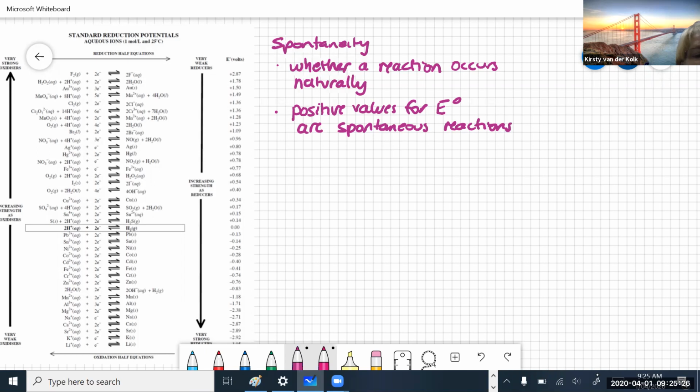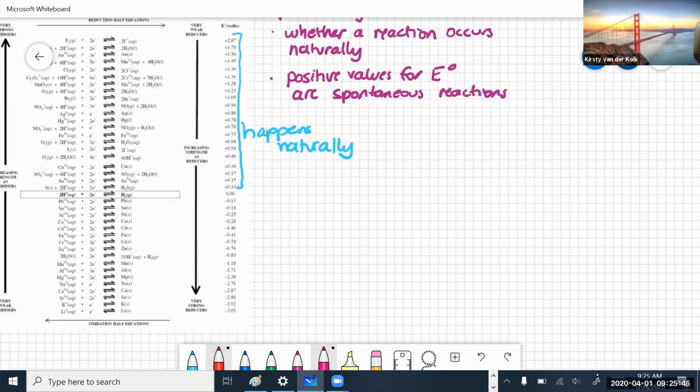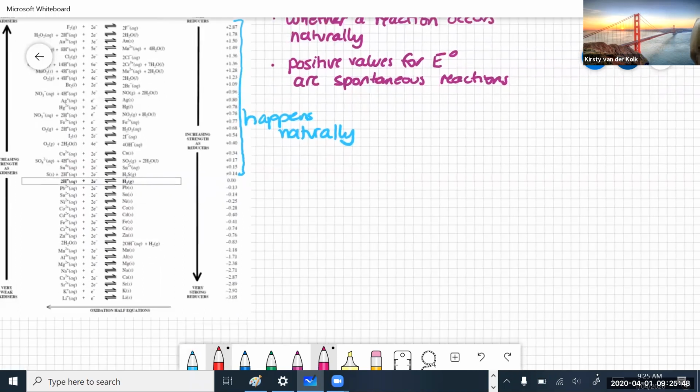So we can see that everything here, everything there happens naturally. And everything here won't happen naturally.